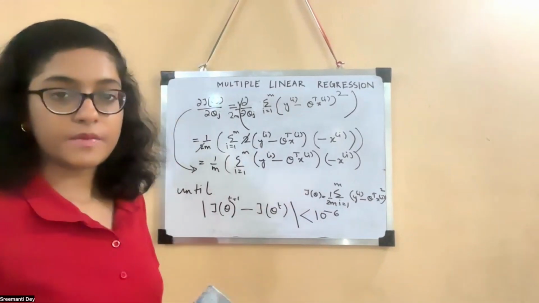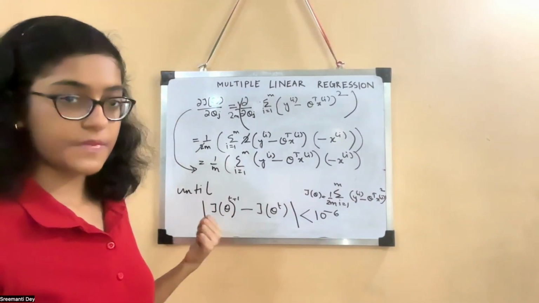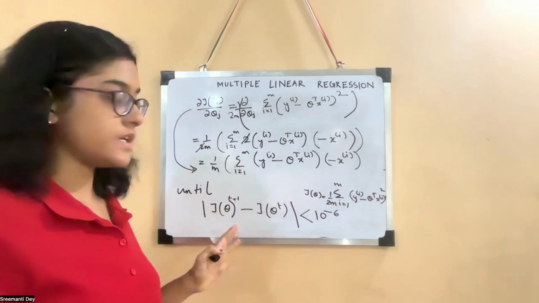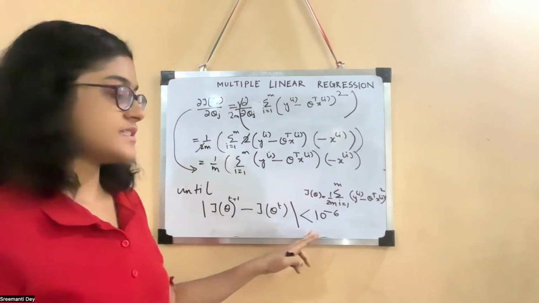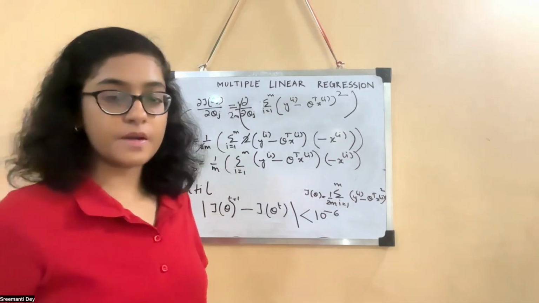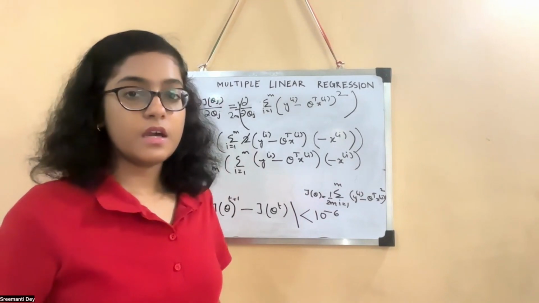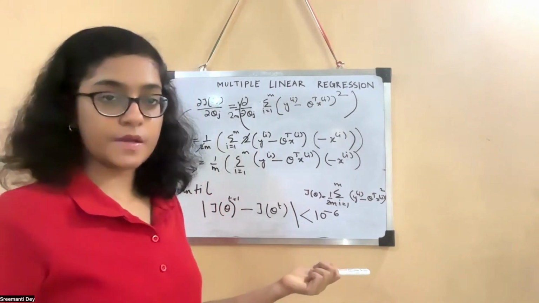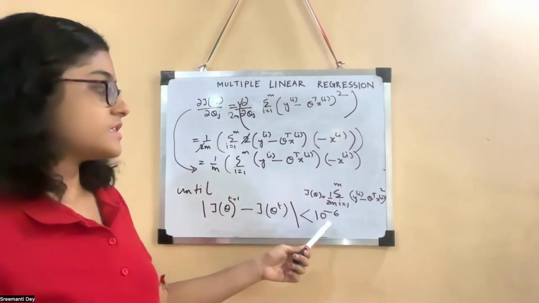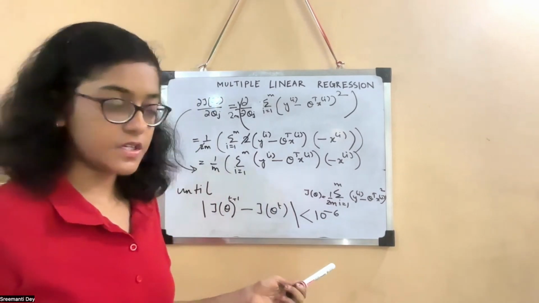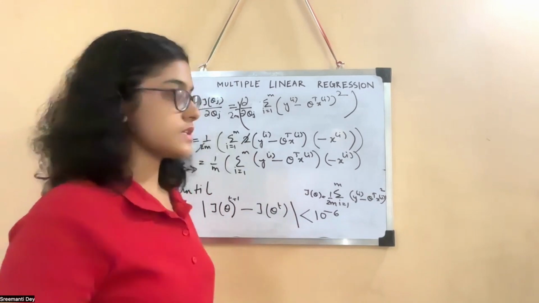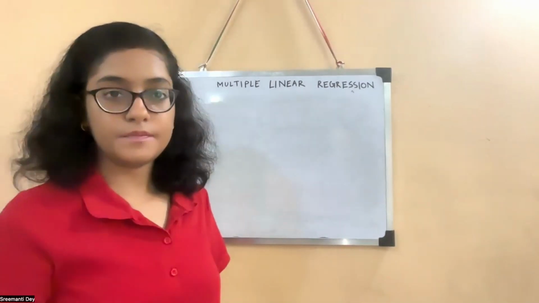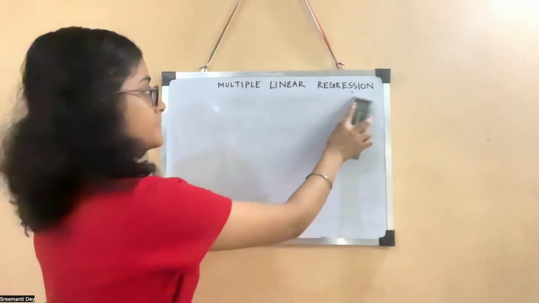So basically, what do I mean by this? Whenever this happens, the difference in the losses, or the cost function, whatever you call it, is very small. It's not changing by much. So we know that training is stable and we have reached convergence, because it's not going to change anymore. This is just a value we generally use for the threshold. This can be any threshold that you want.